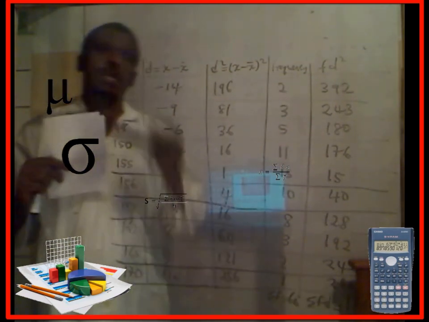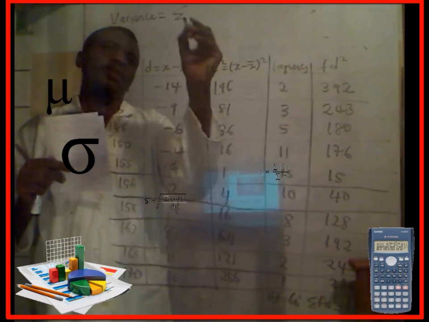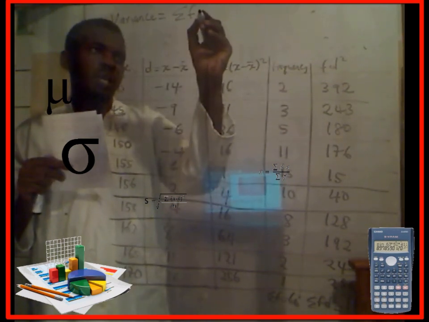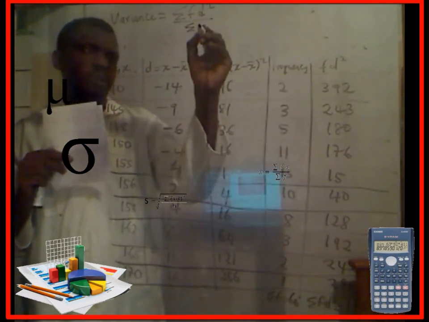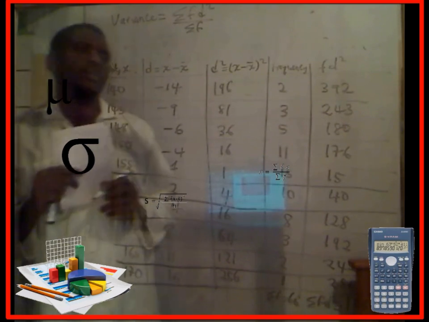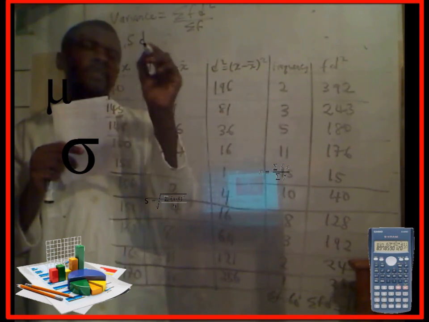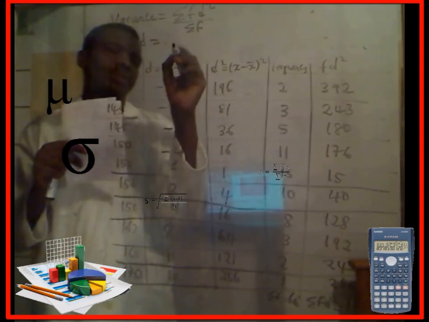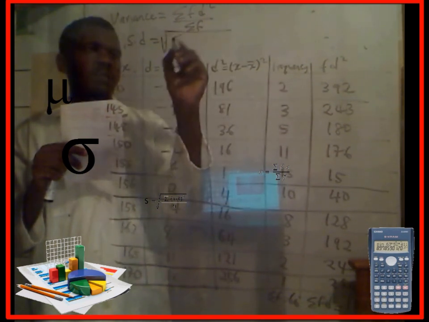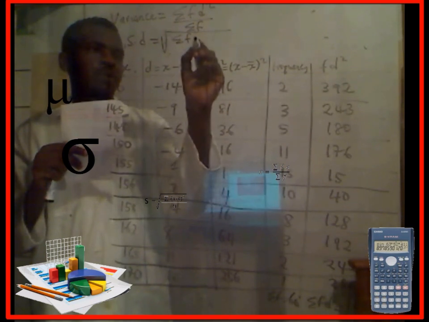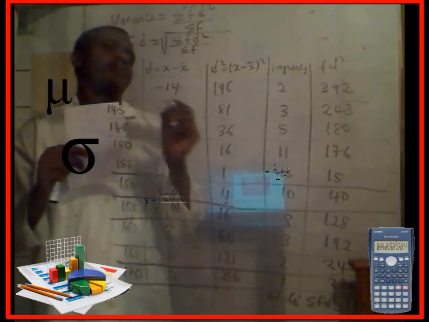So we can see from here that our variance will be equal to the sum of the product between f and deviation squared divided by the sum of the frequencies. So the standard deviation will be equal to the square root of the sum of the product between f and d squared divided by the sum of f.